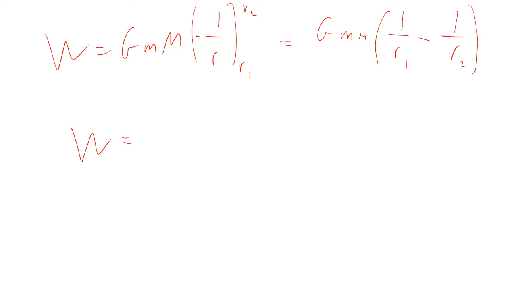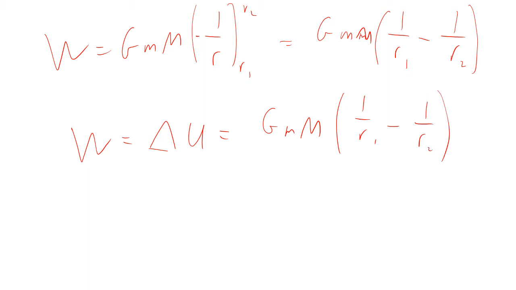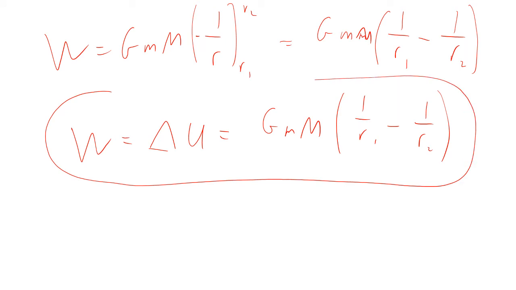So that's going to be the change in potential energy: G M m times (1 over r1 minus 1 over r2). There's the work done, there's the change in potential energy. Now let's think about this.